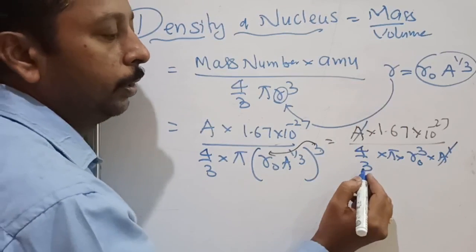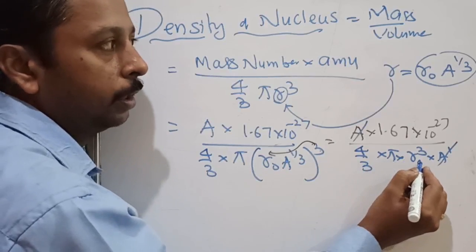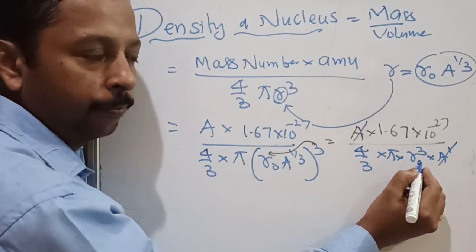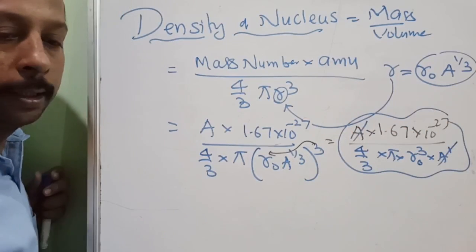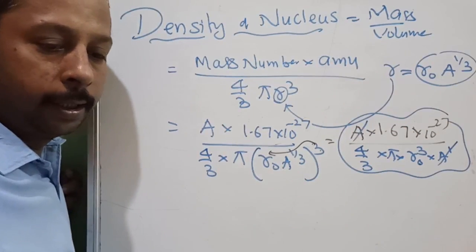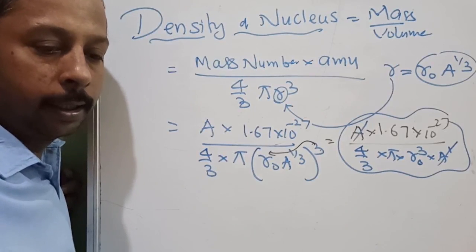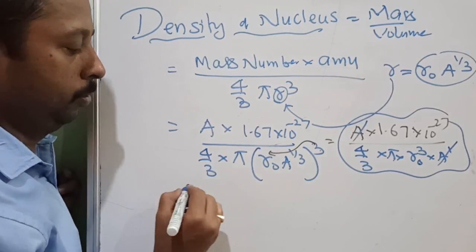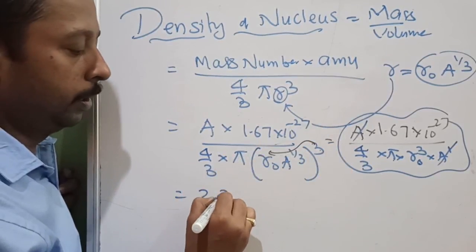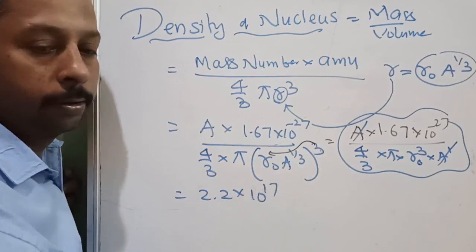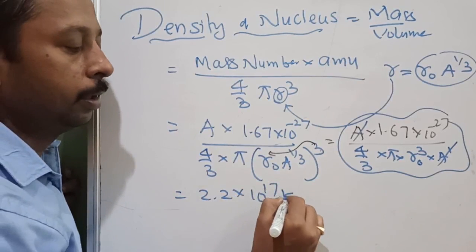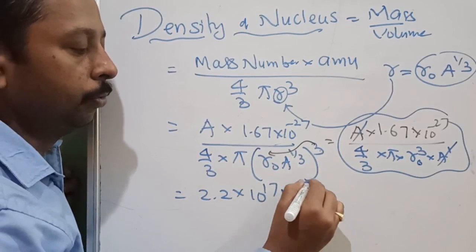Now, what you don't know: pi value you know, r0 already you know, 1.2. By substituting all of them and simplifying, I got density approximately 2.2. After substituting and making all calculations, 2.2 into 10 to the power of 17 kg per meter cube.